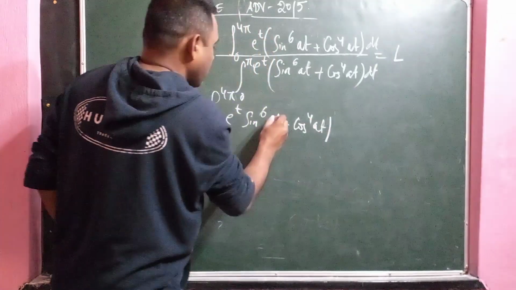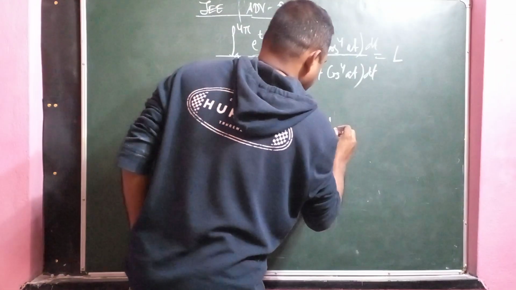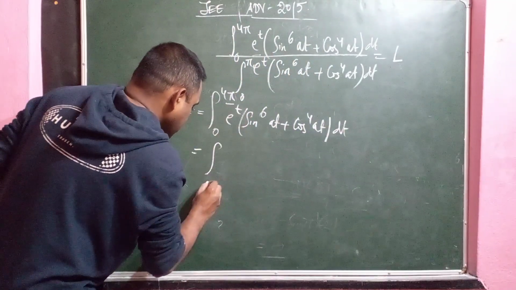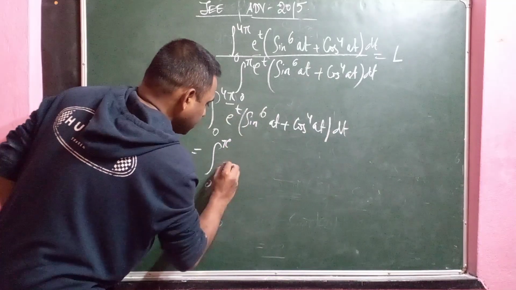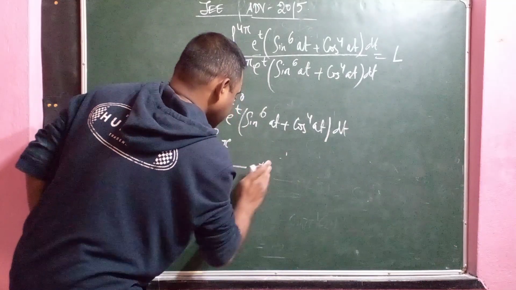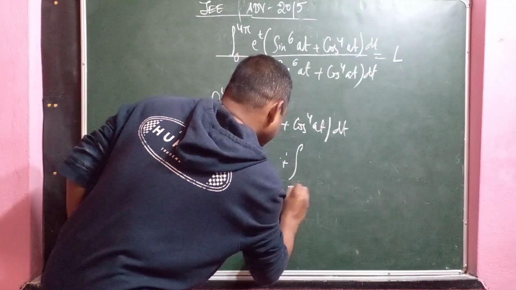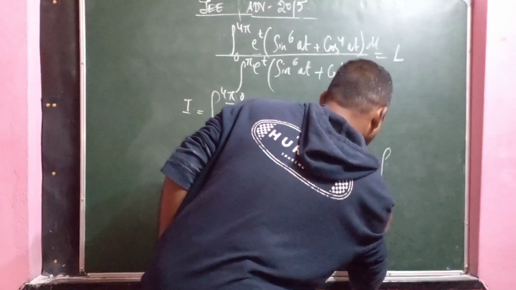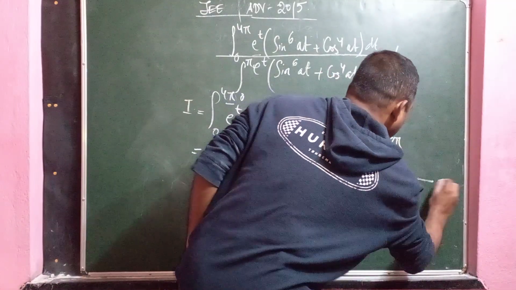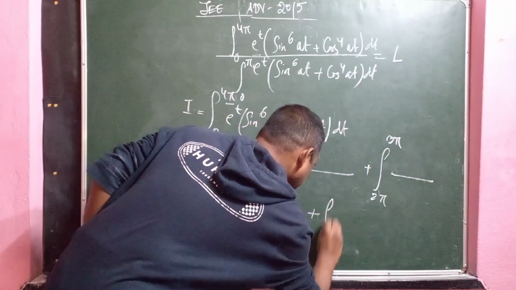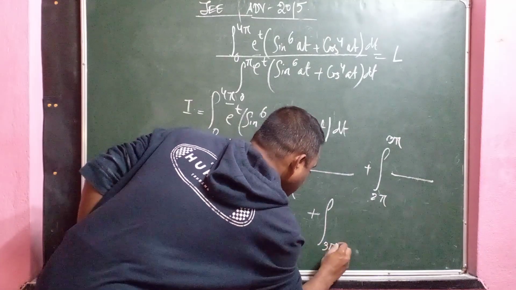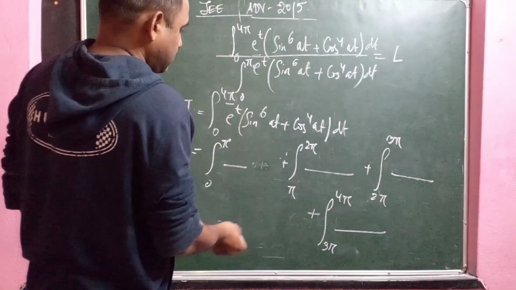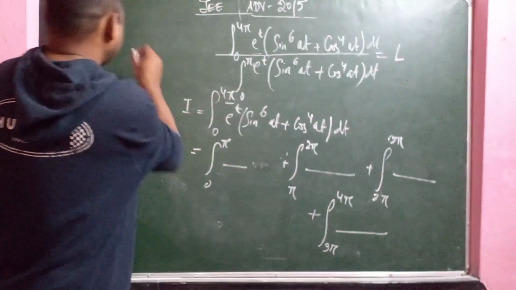You have to calculate the value of the ratio, L. Now see, can I write it in this way? 0 to pi this one, plus pi to 2 pi this one, plus 2 pi to 3 pi this one, plus 3 pi to 4 pi this one. I break it like this.